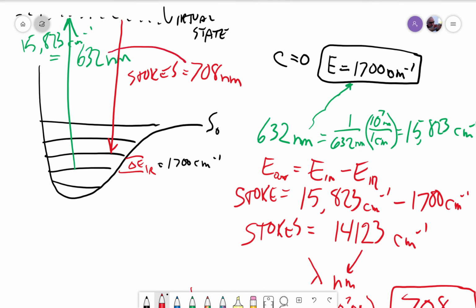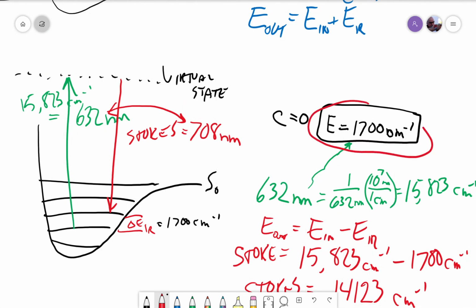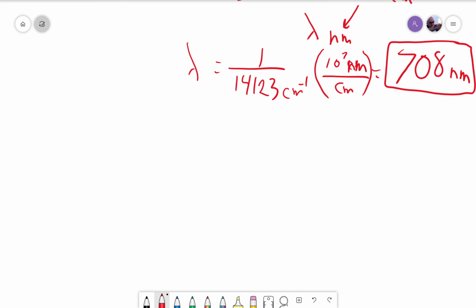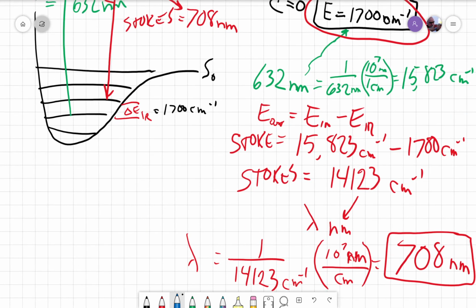This specific shift would be due to this specific energy, which is structurally dependent. Likewise, we can also do the anti-Stokes emission, where the E out is going to be blue shifted by the amount of the IR.